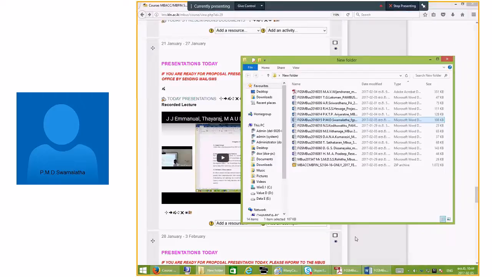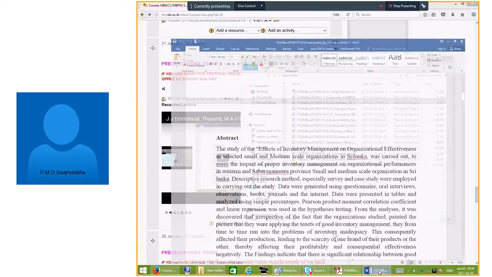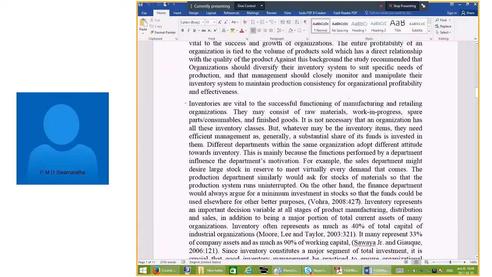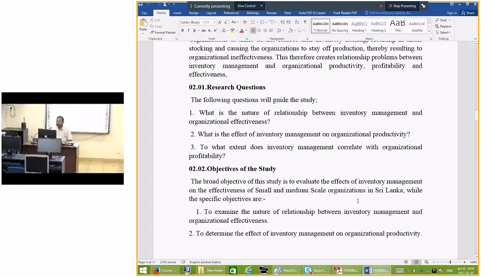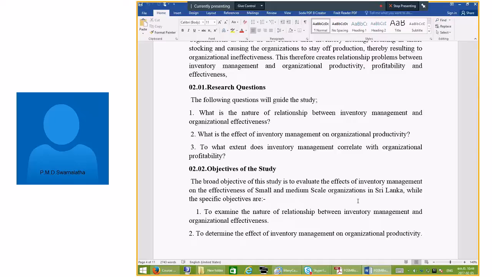As well as inventory represents an important decision vital at all stages of product manufacturing. What is your research question? Tell me the research question. The research question is: problems of inventory management and control have been around for very long.